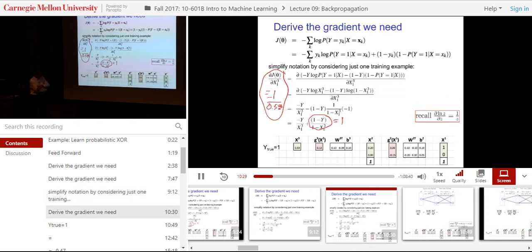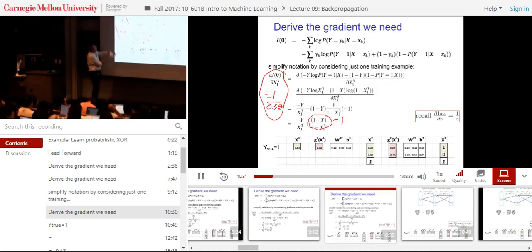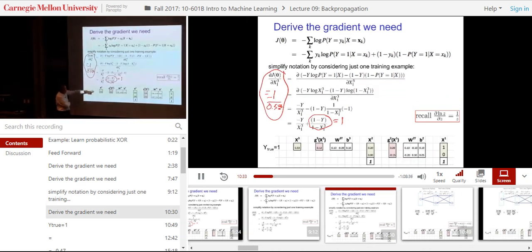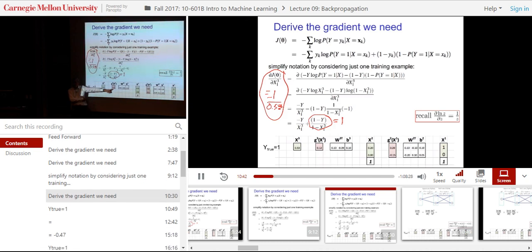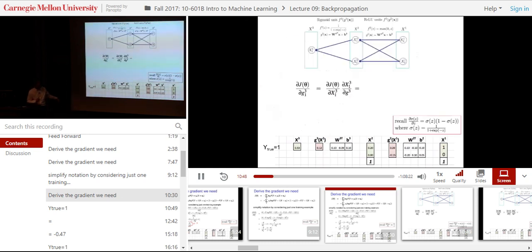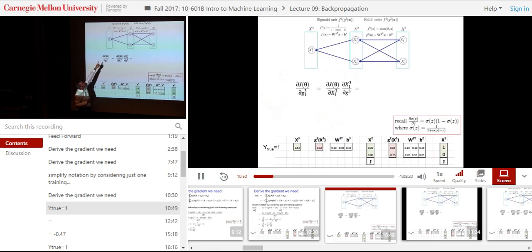Okay, so now we know the derivative of our cost with respect to the output of the network. What do you think would be the derivative with respect to this value? Well, for that, we're going to have to remember how we computed x3 from g, but that's easy. You remember, that's just the sigmoid function, right?